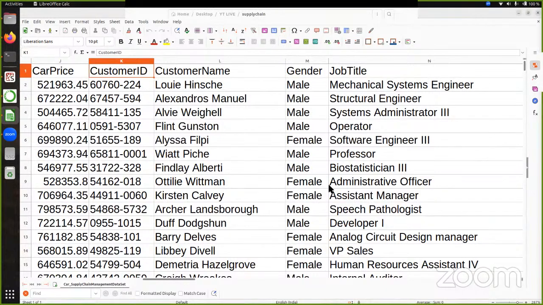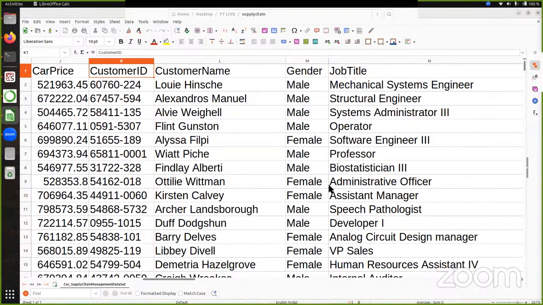We see that we have the data for our supplier, or we can say we have the data for the retailer, which is available to us. And we also have the data available for our consumers, as well as the product that they are consuming. So we have a good set of information which is available to us.